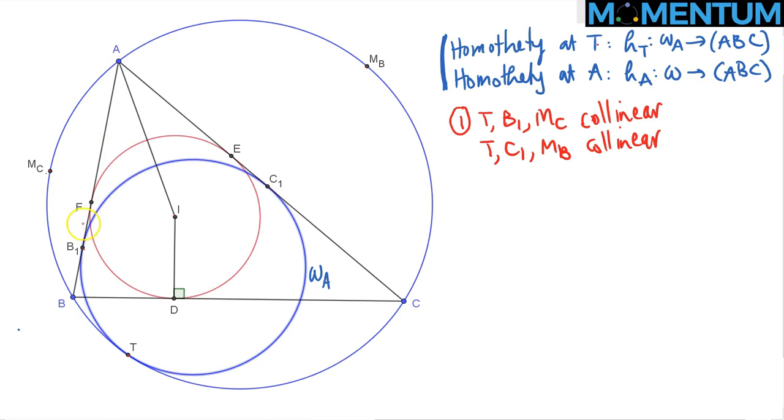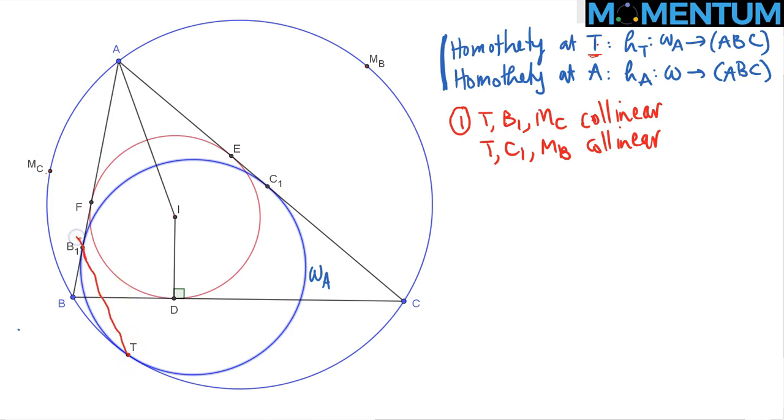So what will happen is that the mapping of B1 under that homothety centered at T will make that tangent line parallel. But if it's parallel, it means it is the farthest point to AB. As such, it should go through that.